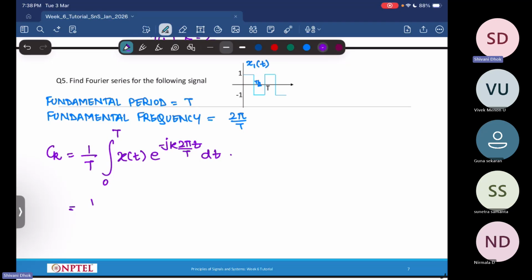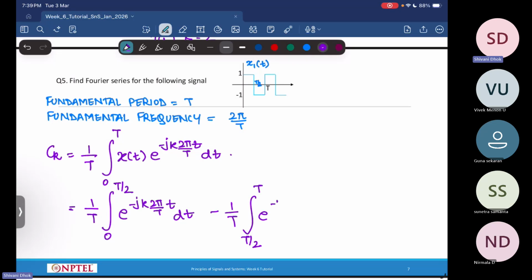So I can split this integral into two parts. So the first one will be from 0 to T by 2. In this region your x of t is 1, so you will have e power minus j k 2 pi by T into little t dt plus you will have minus 1, so let's say minus 1 by T integral from T by 2 to T e power minus j k 2 pi by T into little t dt.